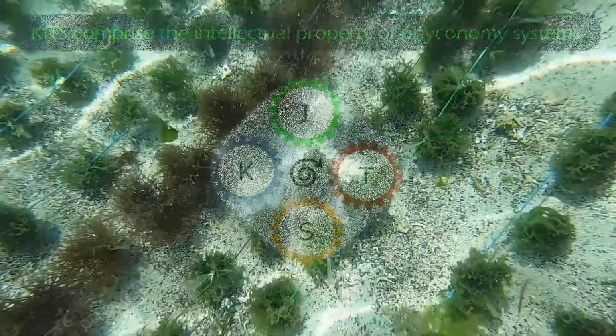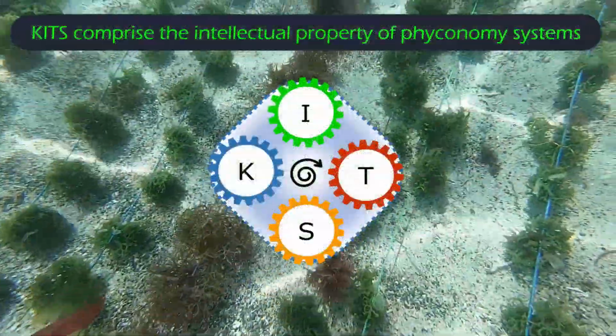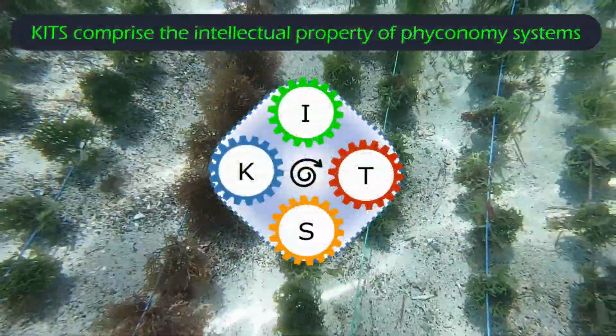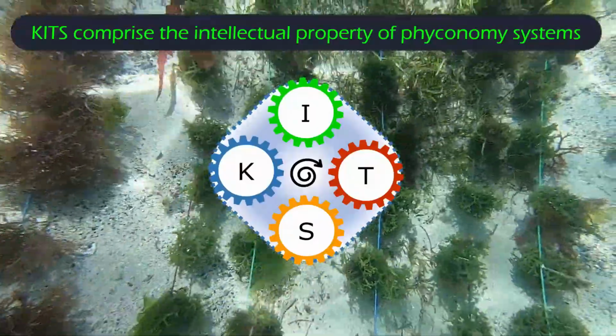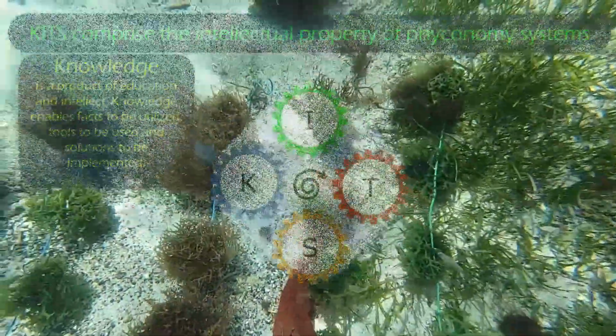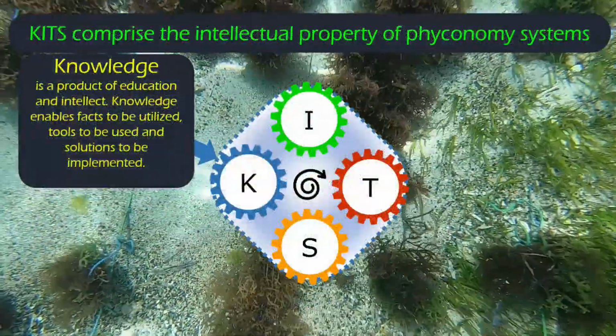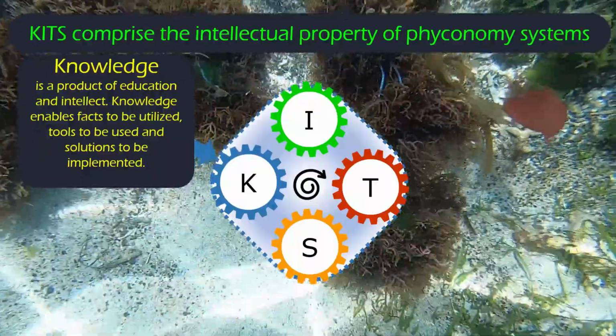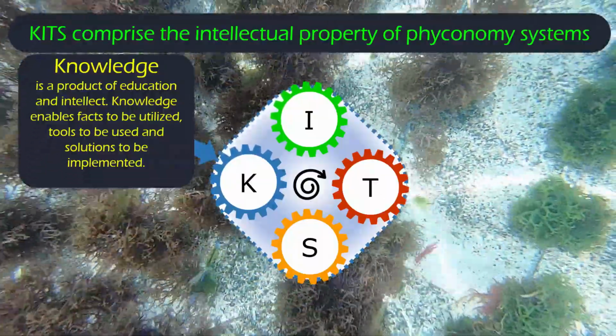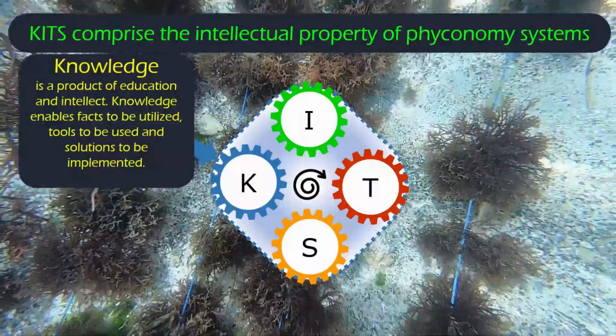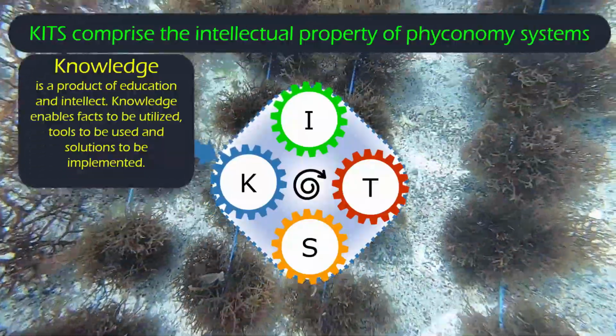Knowledge, information, tools, and solutions, called KITS for short, comprise the intellectual property of phyconomy systems. Knowledge is a product of education and intellect. Knowledge enables facts to be utilized, tools to be used, and solutions to be implemented.